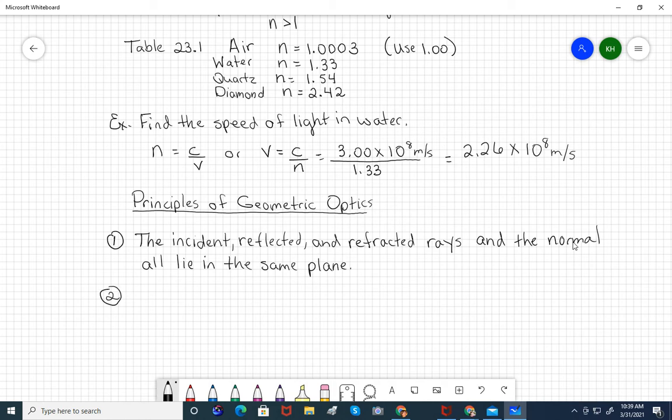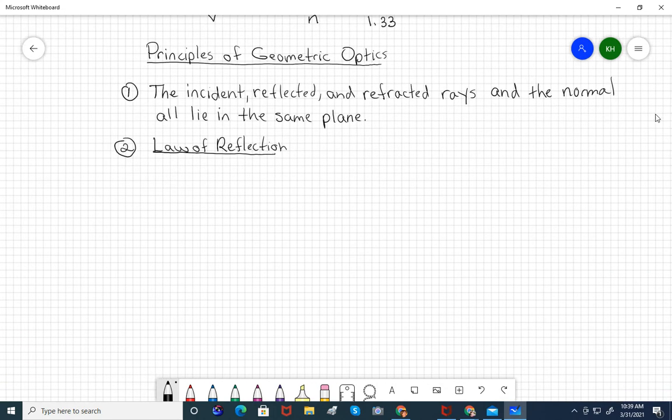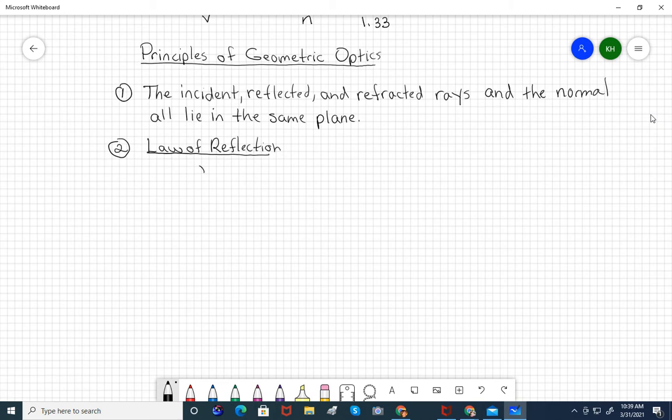Second, and this is an easy one, this is called the law of reflection. The law of reflection is very simple. It simply states that the angle of incidence is equal to the angle of reflection.